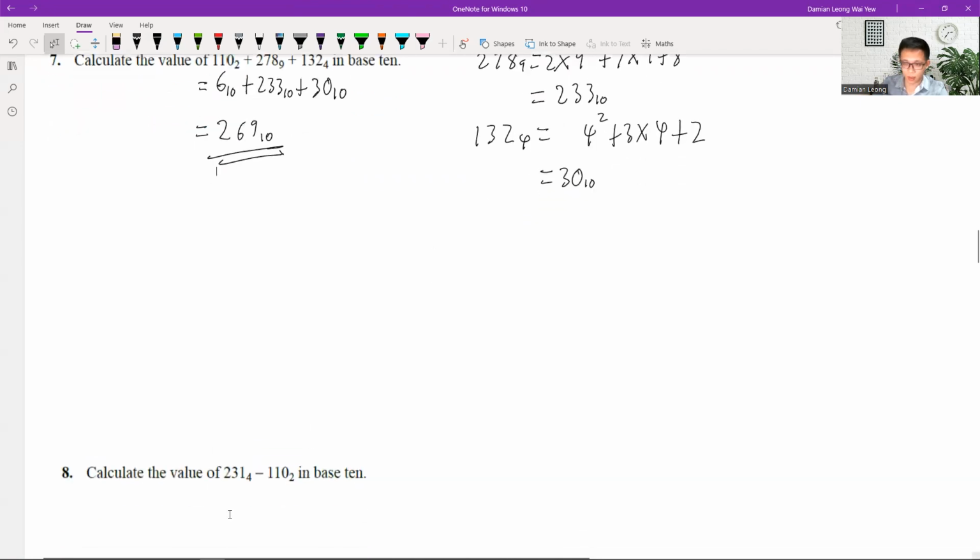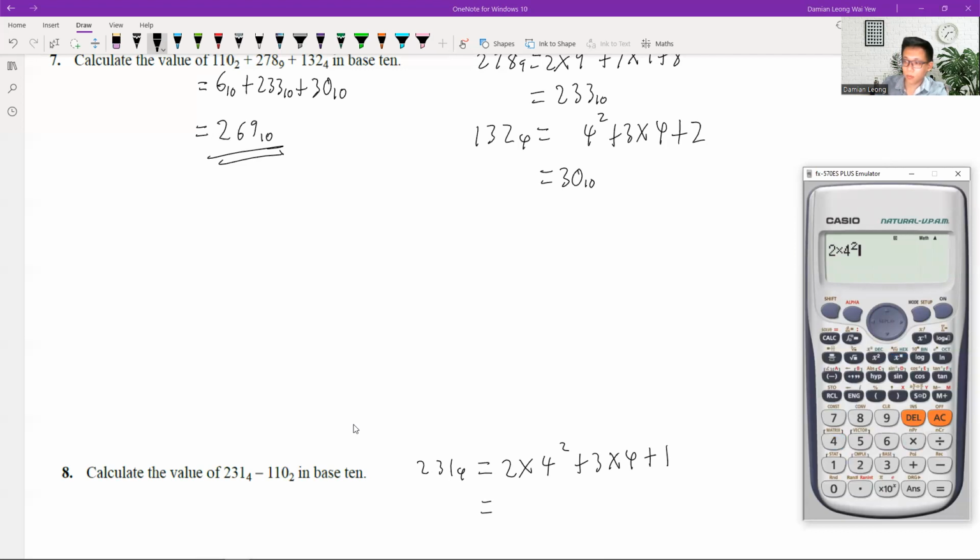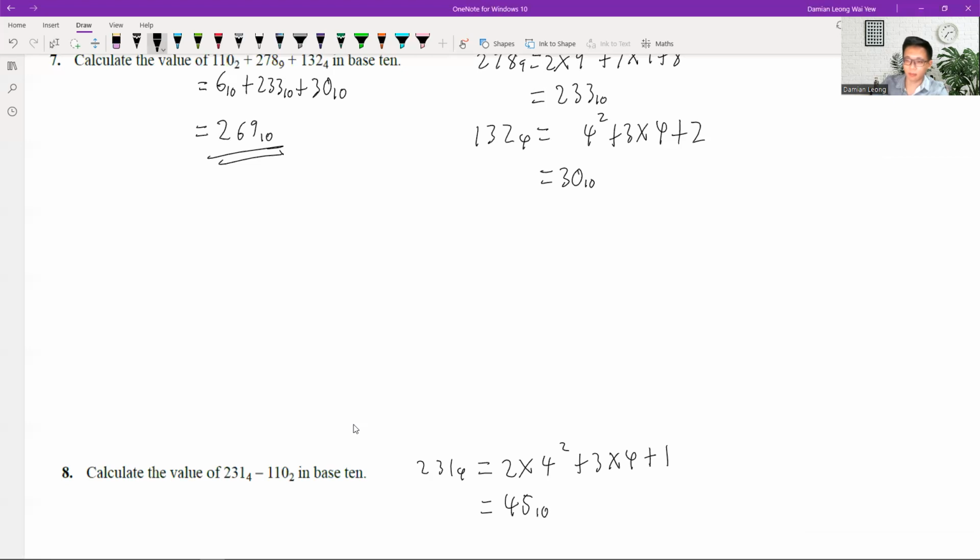Question 8. Basically the same thing, but subtract. So do it the same way. 231 in base 4 is 2 times 4 to the power of 2 plus 3 times 4 plus 1, which is 45 in base 10. 110, in the previous question I already did, which is 6.